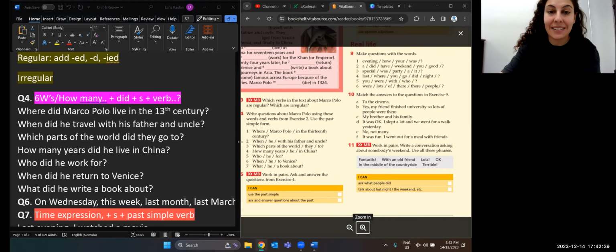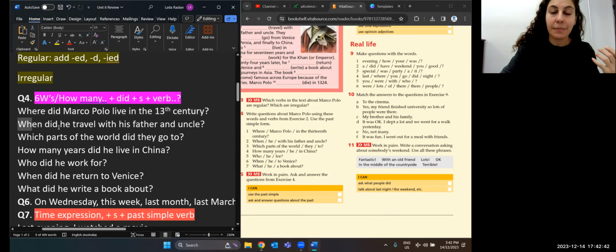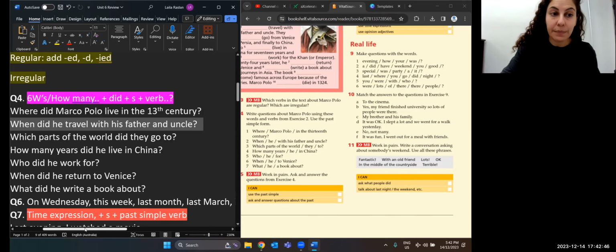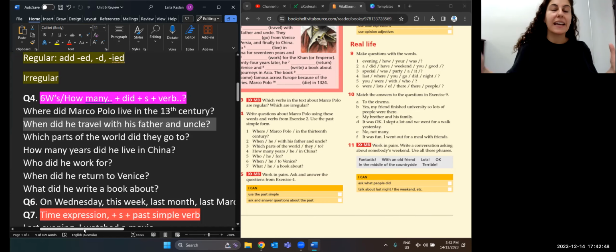Number 2, when. So when is talking about time. So when I want to find out a time, I say when. His father and uncle. So when did he travel with his father and uncle? Yeah.